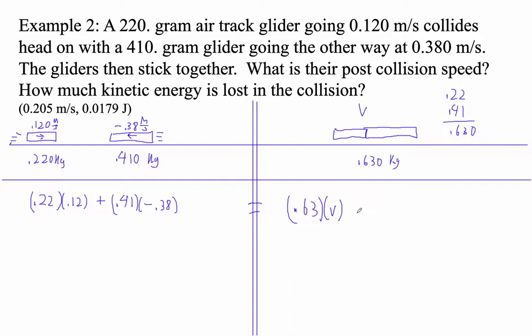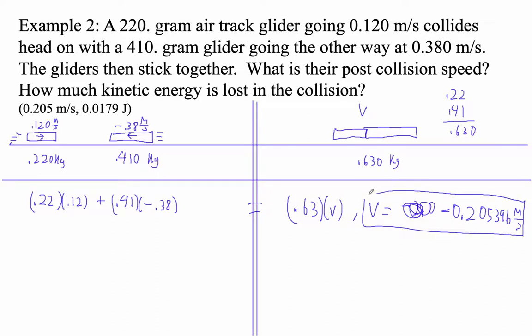So my velocity is negative 0.205396 meters per second. Now I'm writing down a ridiculous number of sig figs because when I do the calculation of the energy, I don't want to round this.